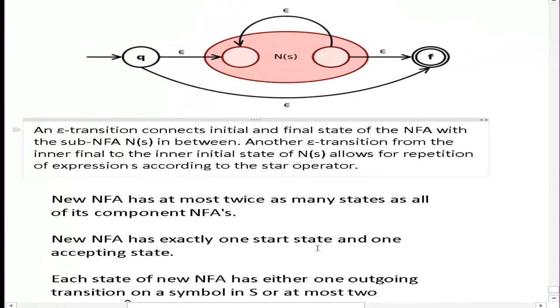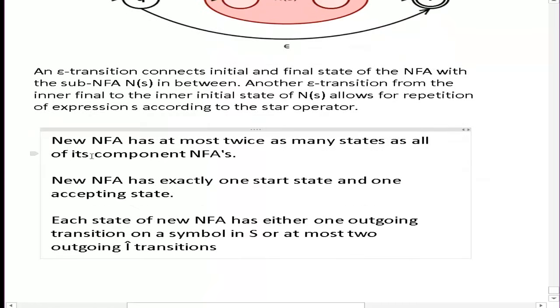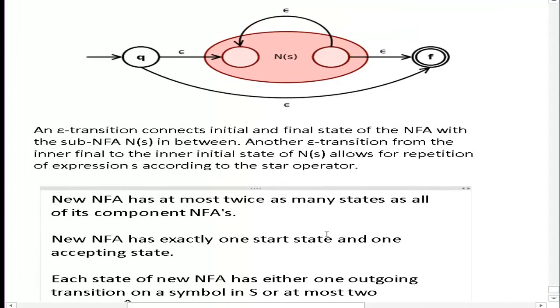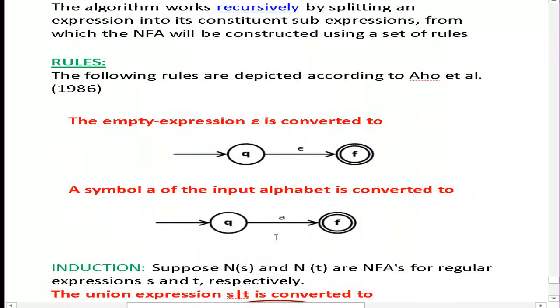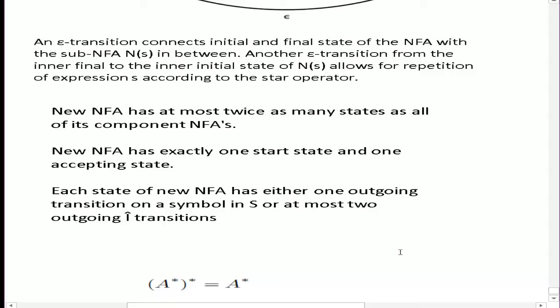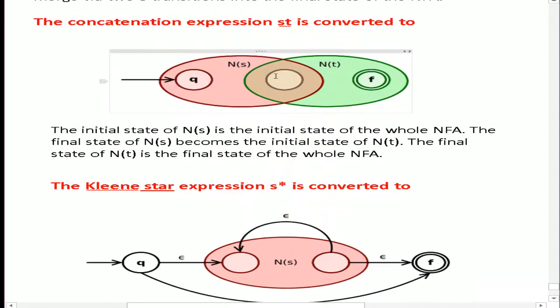And we have already done all these things, and we should remember that the new NFA has at most twice as many states, because for any operation it has at least two states, right? Say for example, with any input like epsilon or A, we have at least two states, so it will have at most twice as many states. In the case of concatenation, the number of states becomes a little lesser, because they combine the states of these two: its final and its initial are combined into one state.